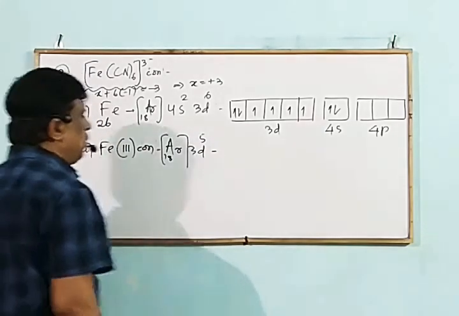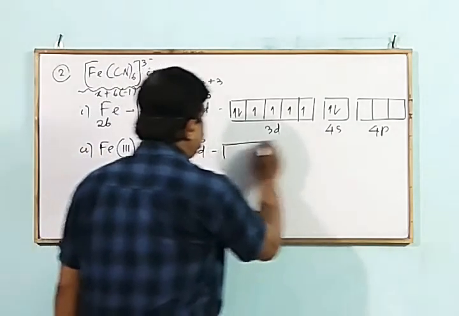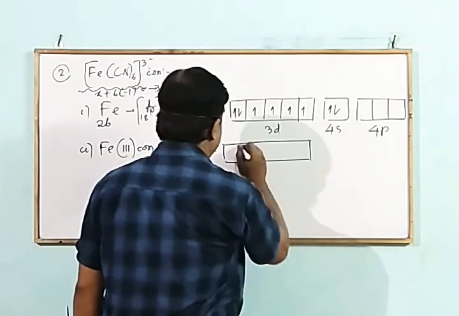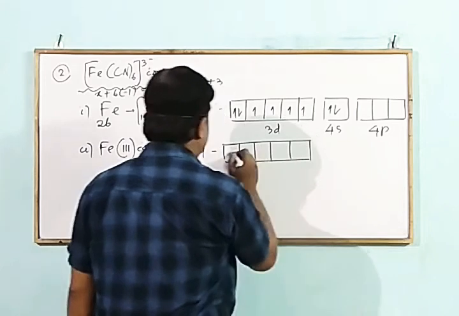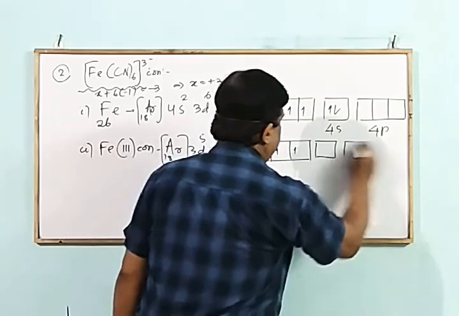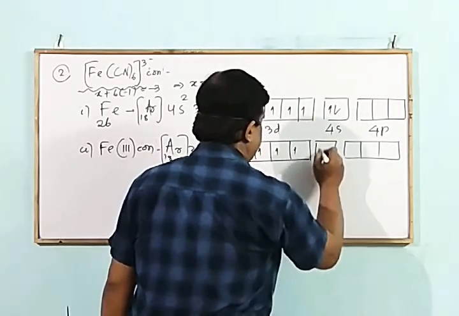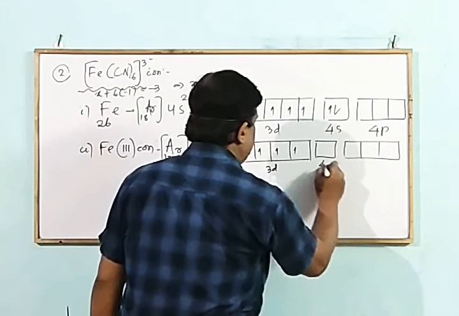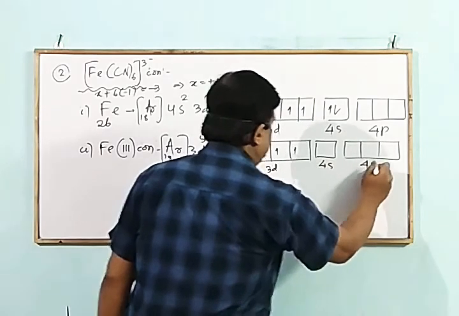The expected box-like diagram is 3d with 5 electrons, then 4s, 4p.